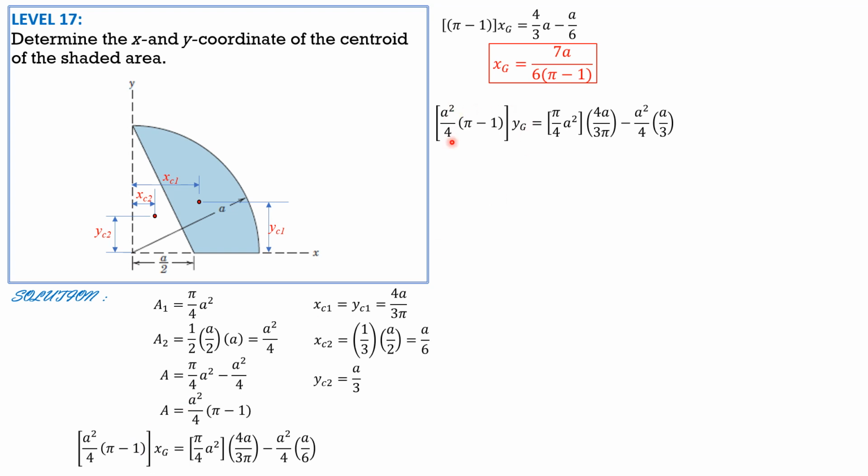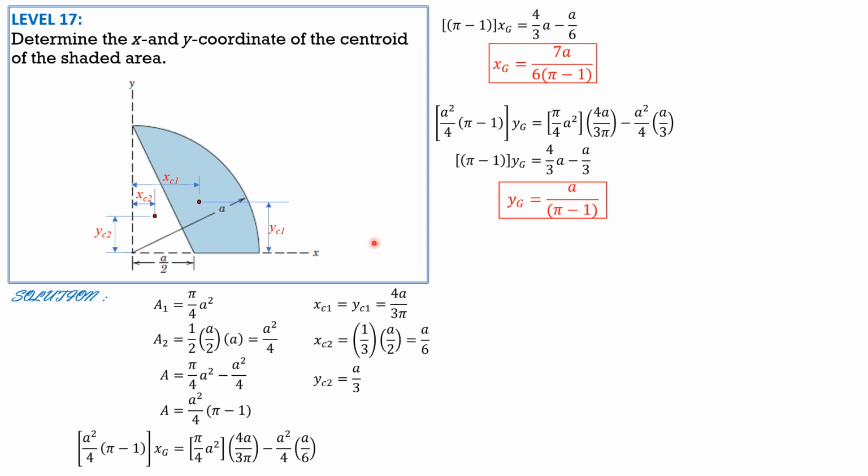Then on the right side we have 4/3 a, then minus a over 3. Since 4/3 a minus a over 3 is a, yg is a over (pi minus 1).